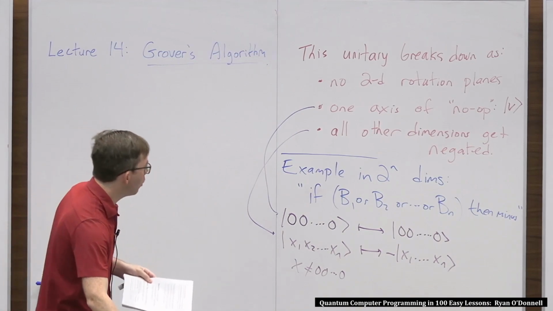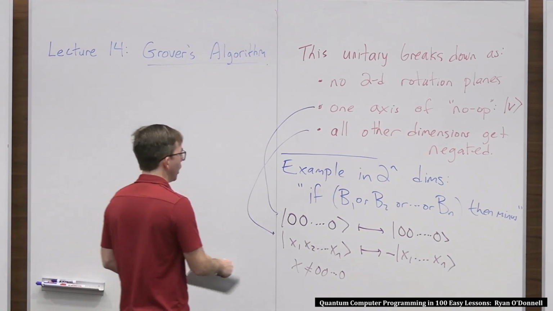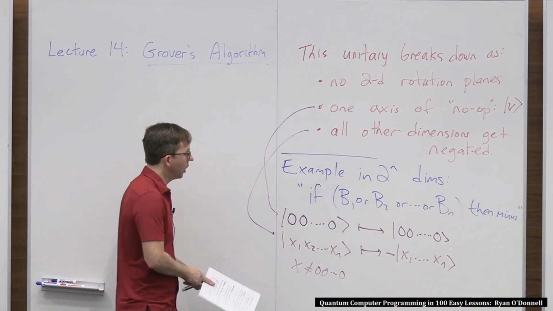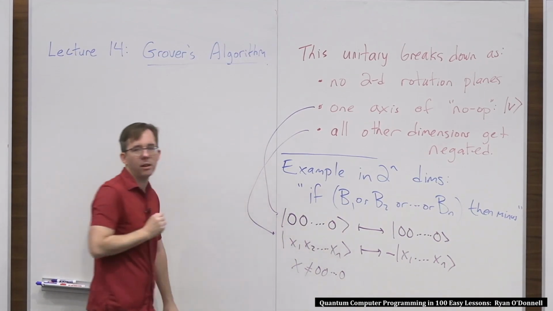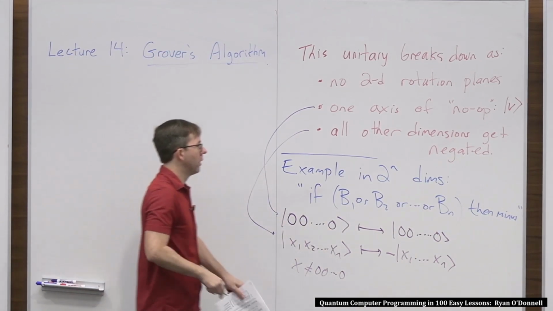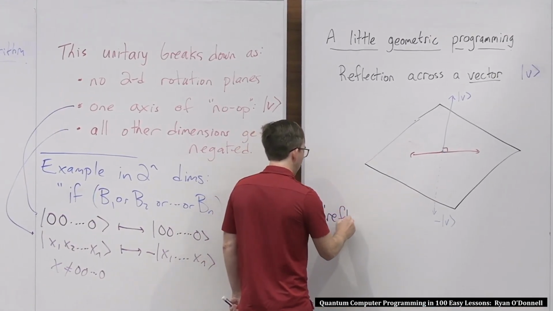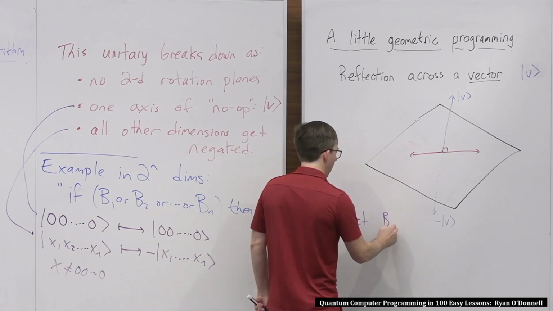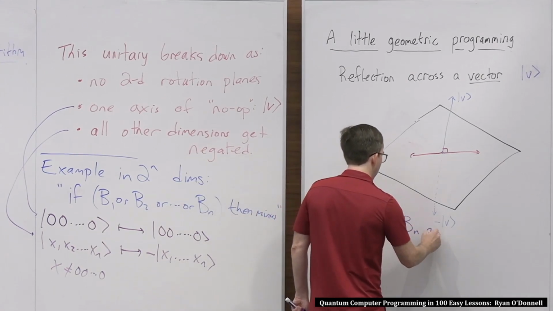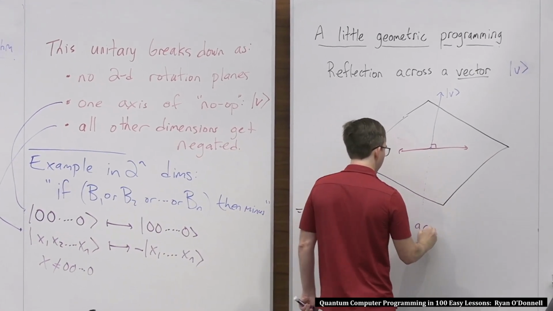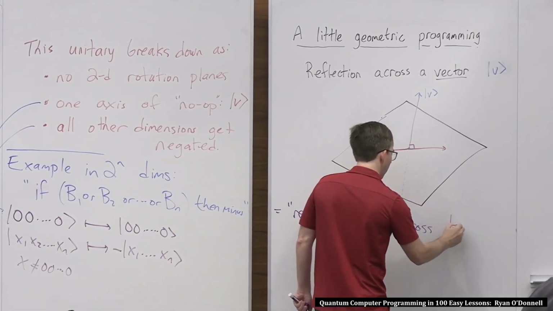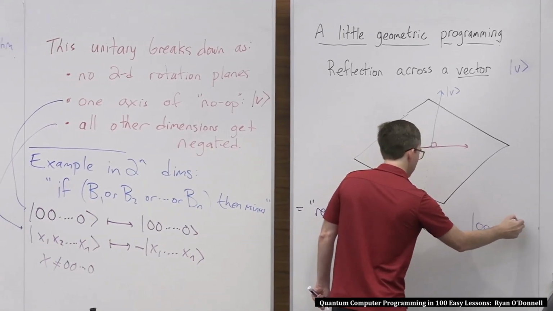But I'm just trying to tell you, you could also call this instruction reflection across the basic state all zeros. So I'll write that here. You could also call this reflection across the vector of all zeros.